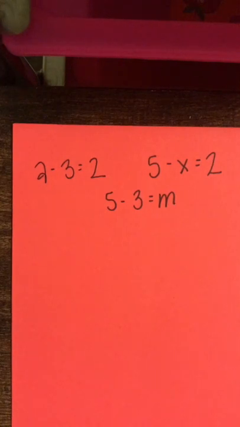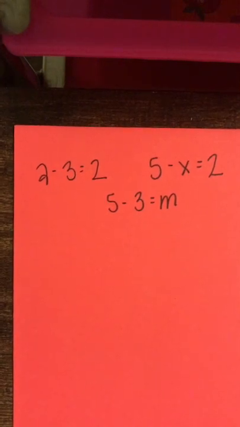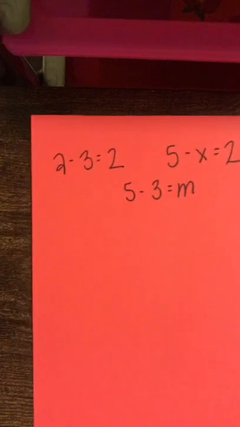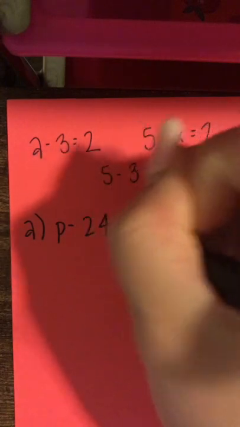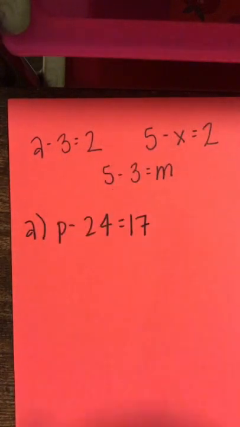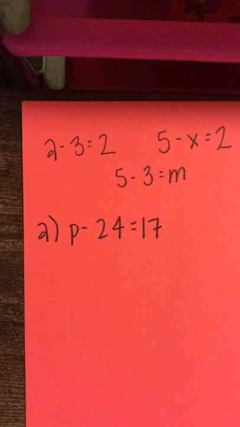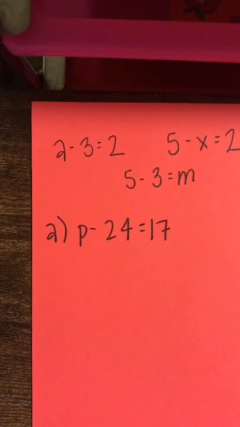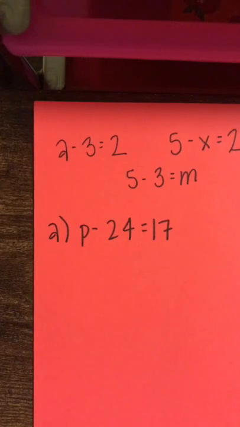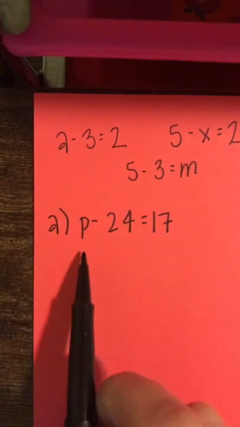All right, so for example 2, we are finding the unknown number in each equation. So for A, we have p minus 24 equals 17. So you are doing basically exactly what you did for example 1 when we were trying to solve for the unknown variable. So we're trying to solve for p.